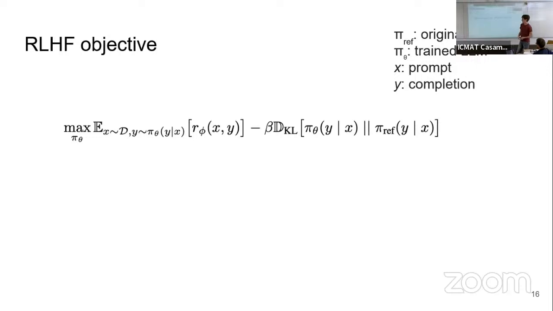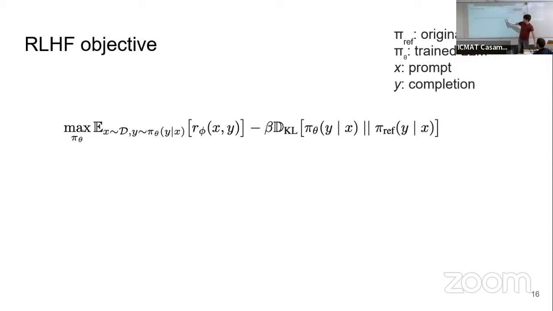So what is typically done is to add a regularization term, which is the Kullback-Leibler divergence. I'm sure you know, but this is a kind of distance measure between two distributions. So we have the distribution of outputs of the LLM we're optimizing, and this is our reference model.